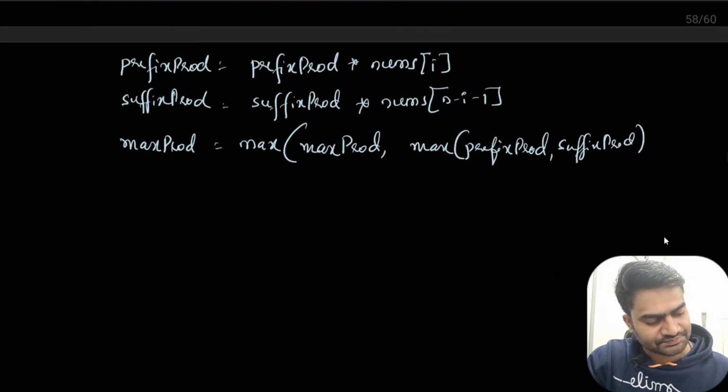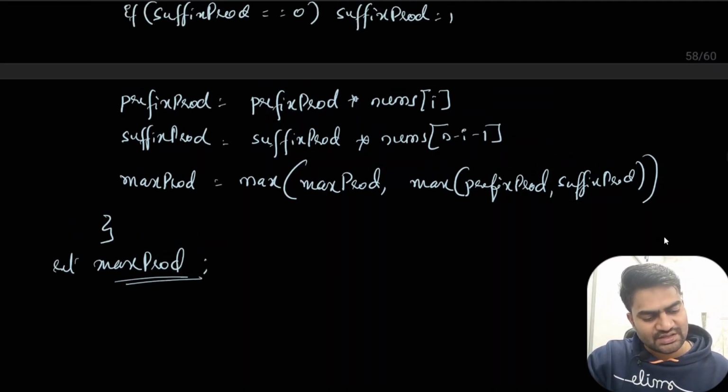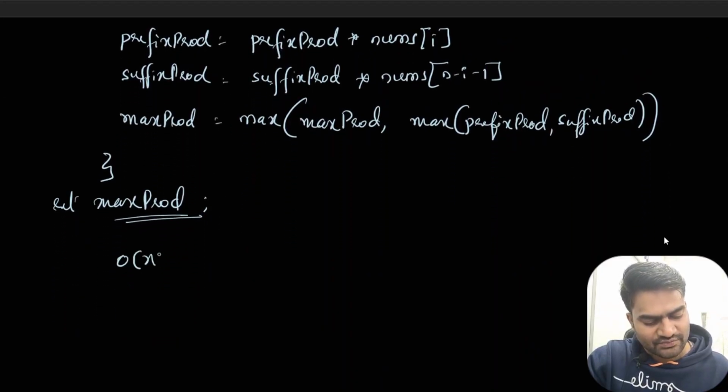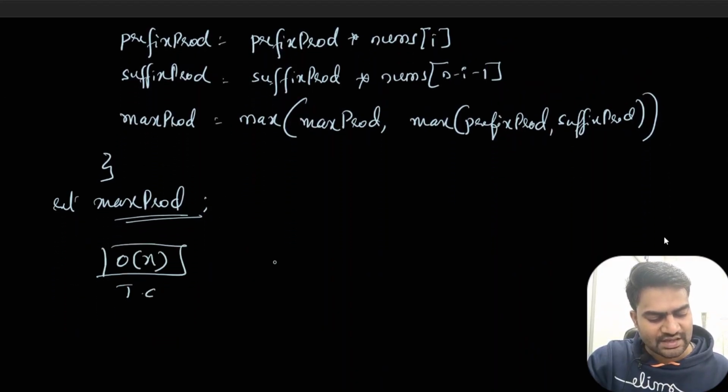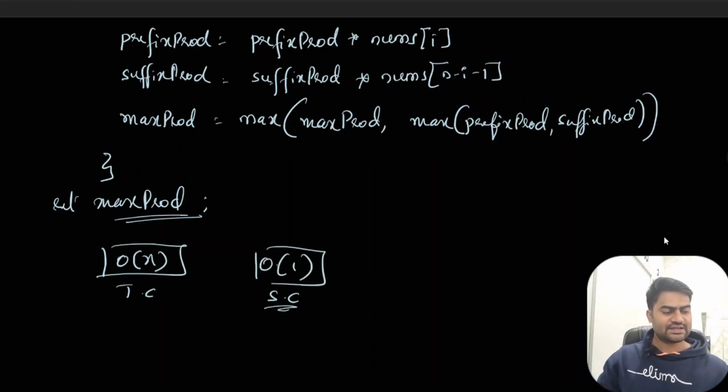Correct, right? Then finally at the end I will return my max. So with this we will be able to solve this in O of n time complexity and O of 1 space complexity. Okay, let us execute this answer.